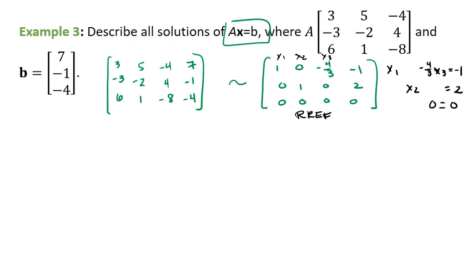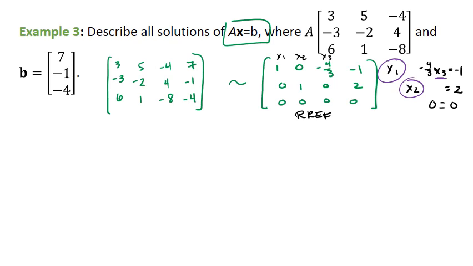Okay. Now, what I want to do is solve this and identify my free variables. So I want to solve this for x1, solve this for x2, and notice that I have a free variable of x3.